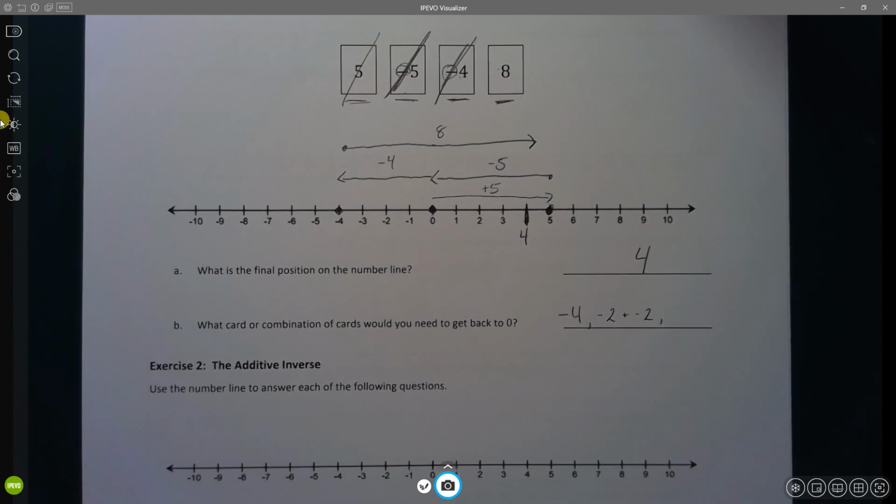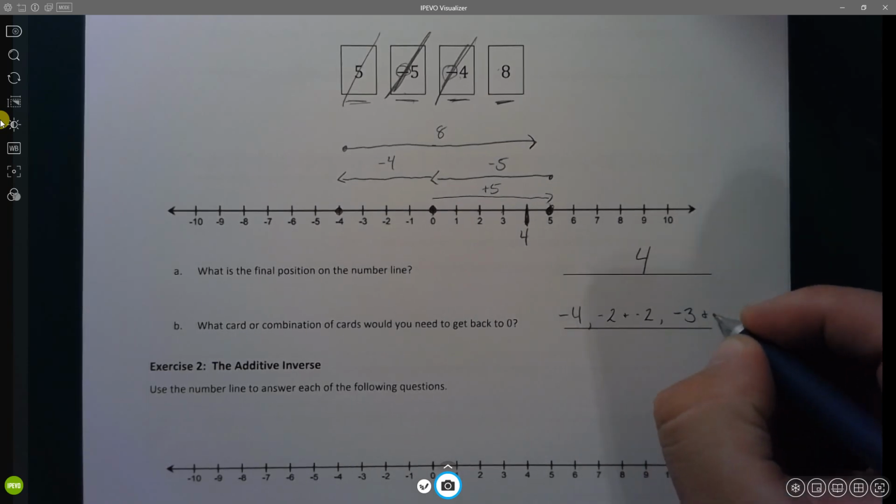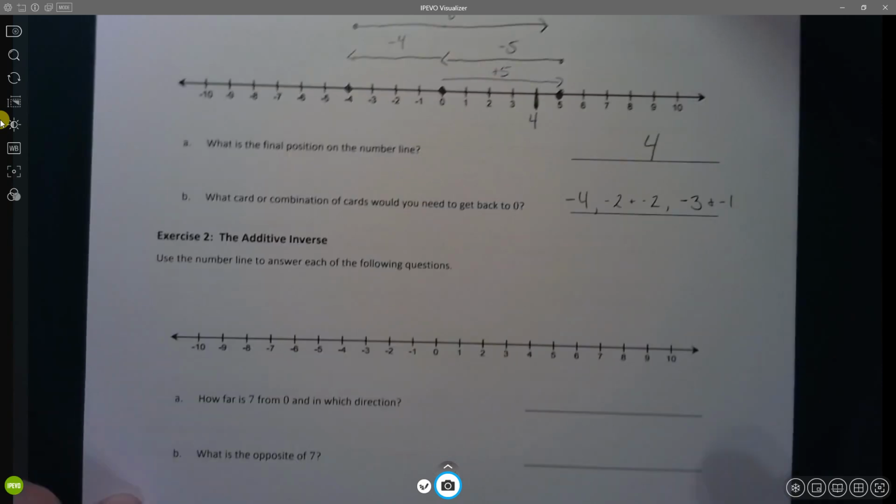Dante, that's so right. It's a -3 and a -1. Fantastic. A -3 and a -1 gets me back to 0. Fantastic job, class. I can see this is going to be a great year for us.